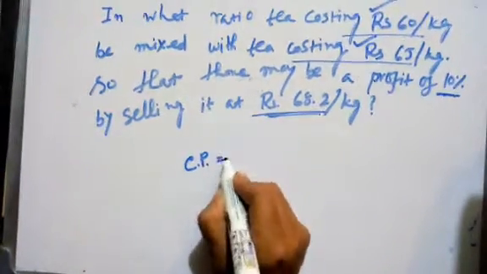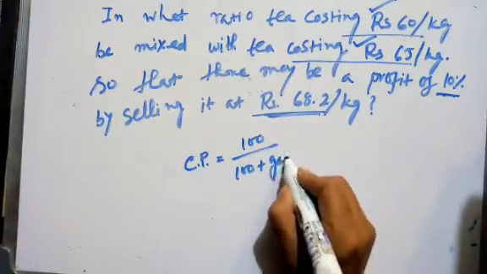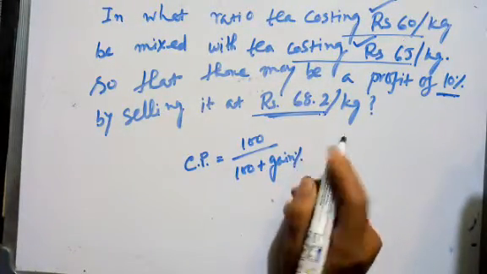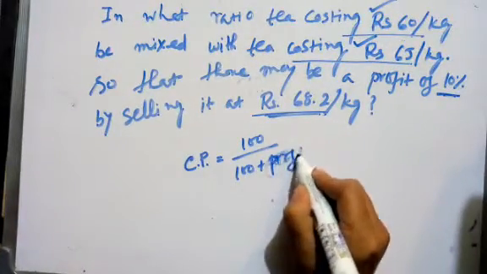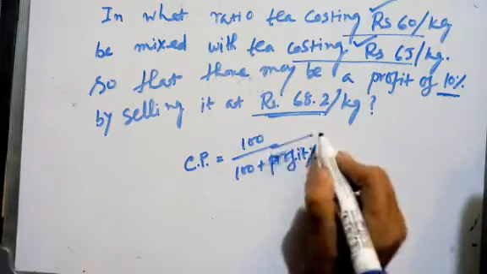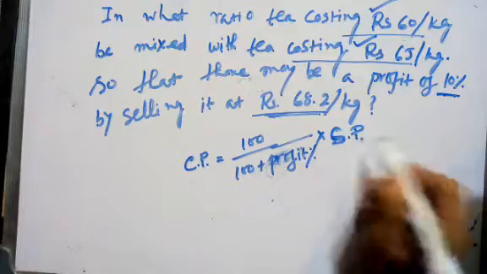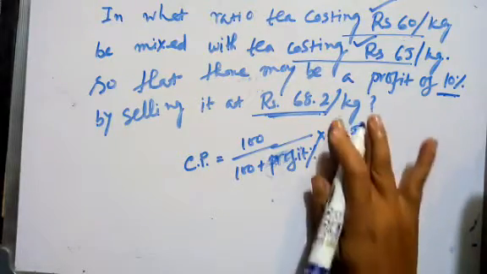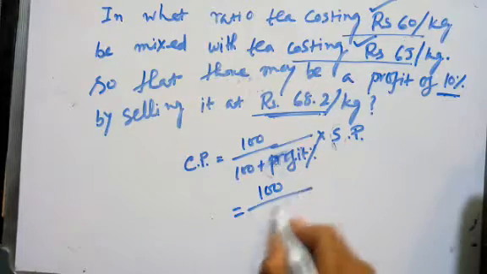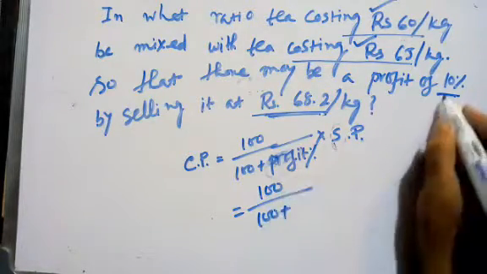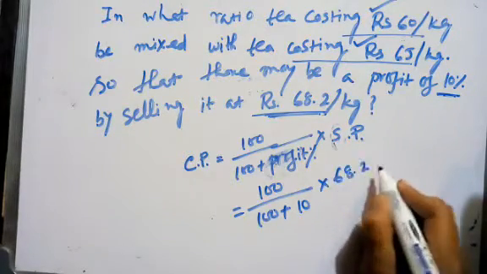So cost price equals 100 by 100 plus profit percentage, into selling price. So 100 by 100 plus 10, into selling price 68.2.